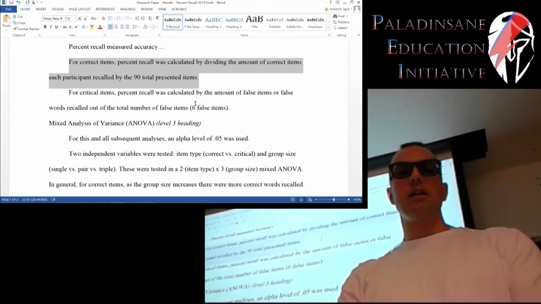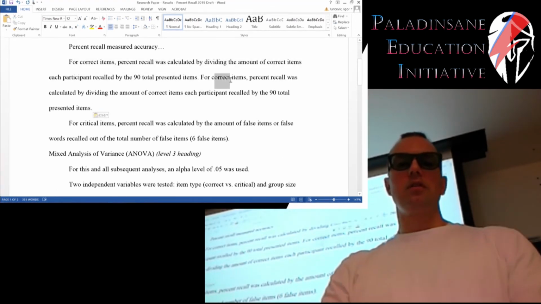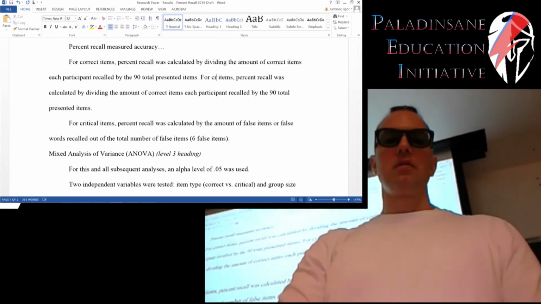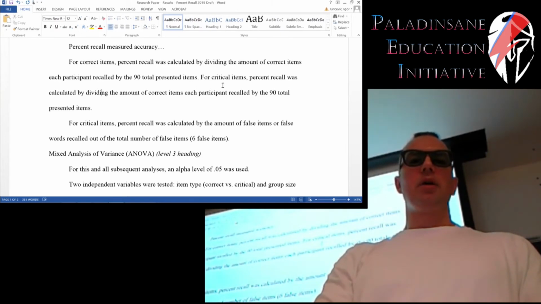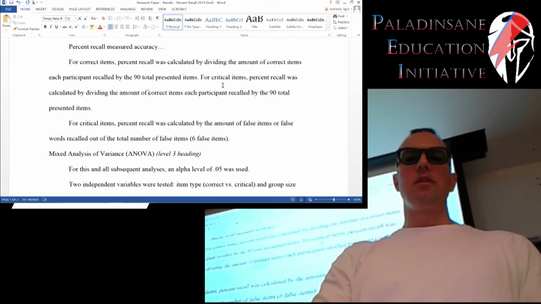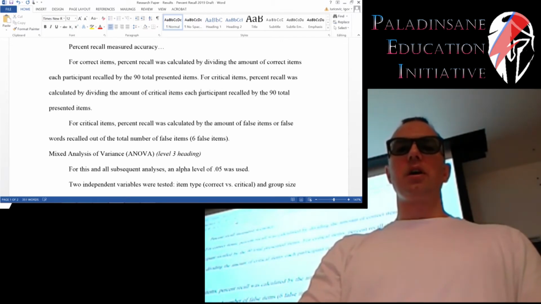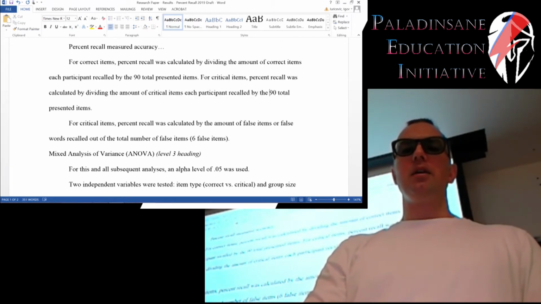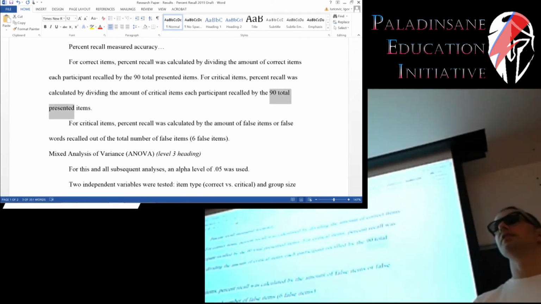Let's just take that and go for critical. Percent recall was calculated by dividing the amount of critical items each participant recalled by the... so far so good until we got here. So what is it divided by?